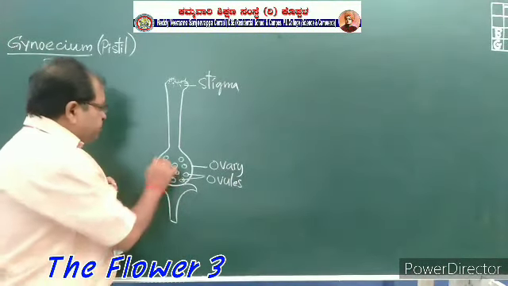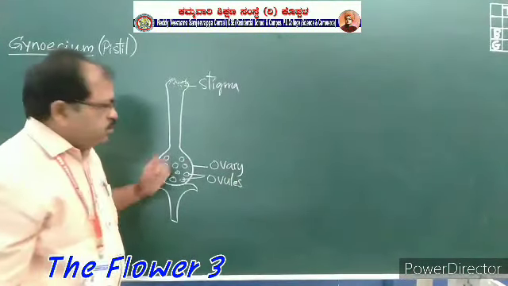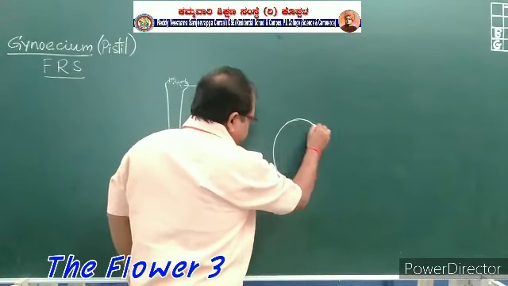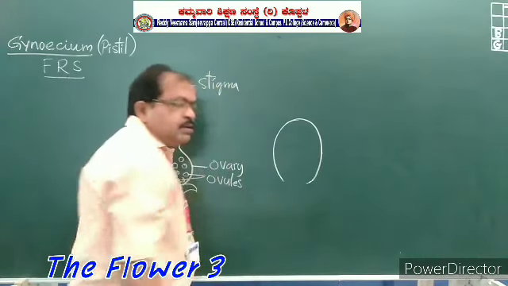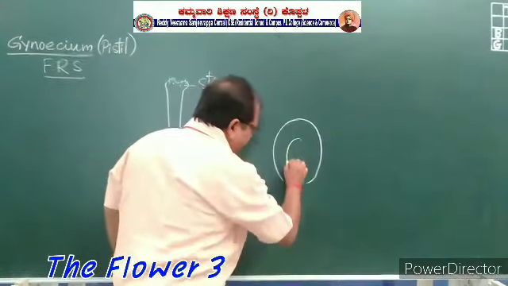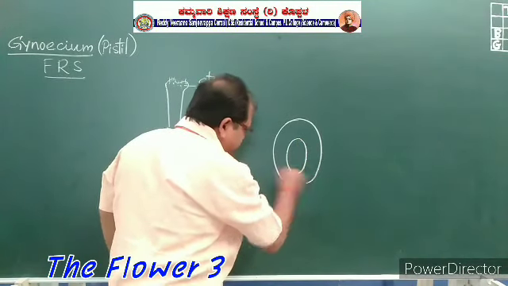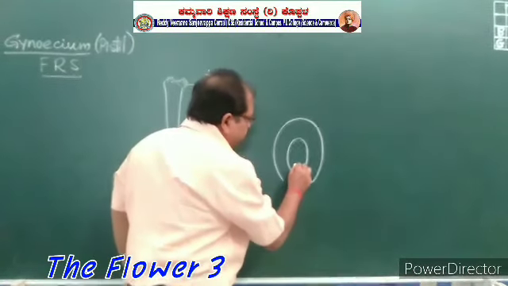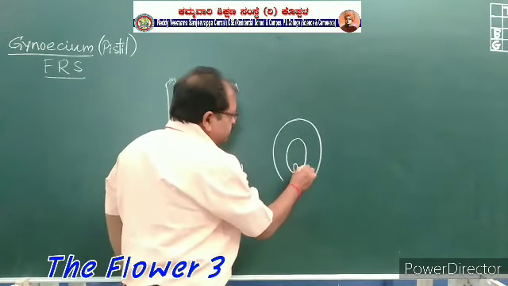Okay, and these ovules, suppose you take an ovule like this, it is oval in shape and it has a bag-like structure inside. The female nucleus is present inside this bag-like structure.